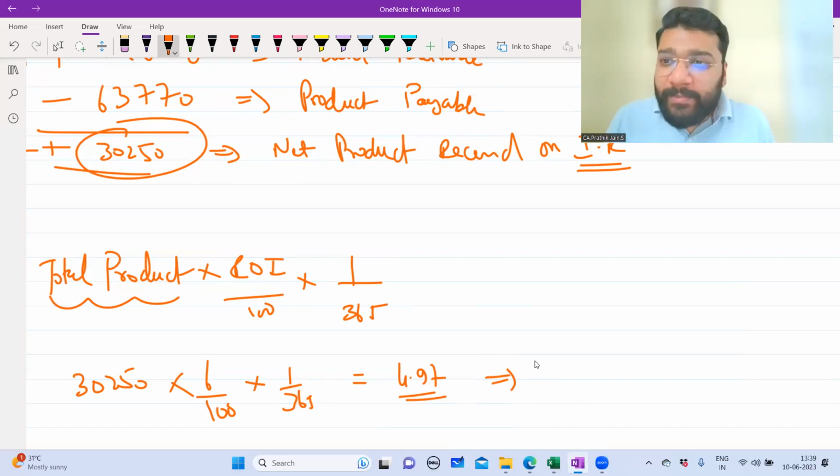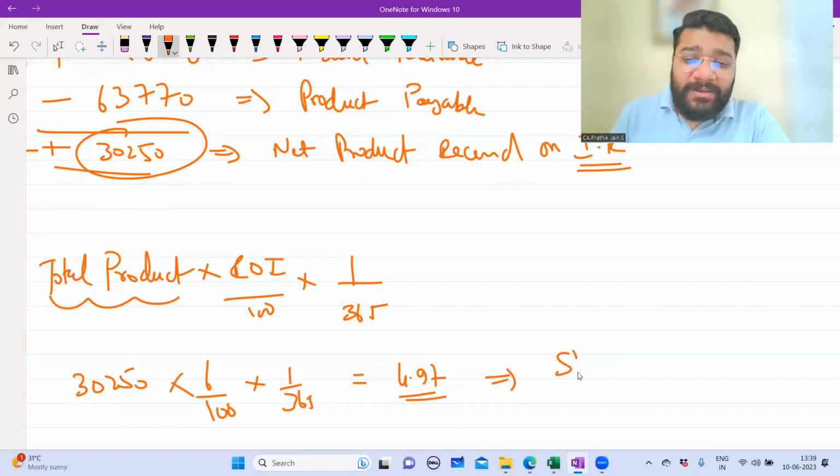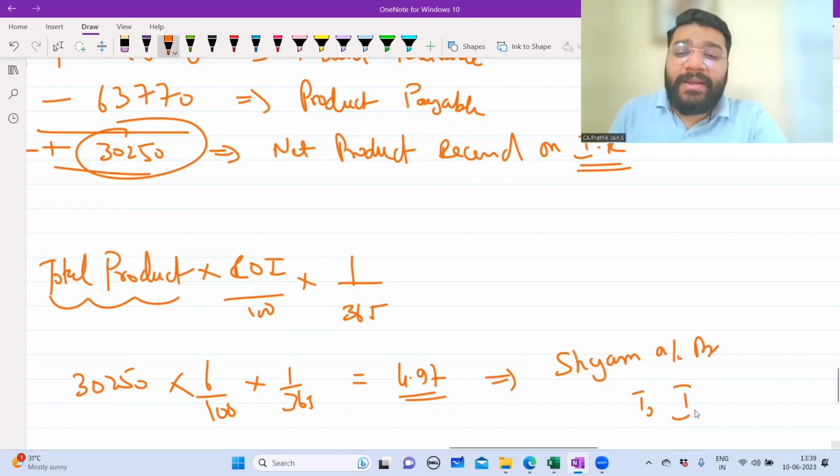Guys, I'm getting interest receivable to Sham as the answer from offline people. What do you say, online people? Sham account debit to interest receivable or interest income.